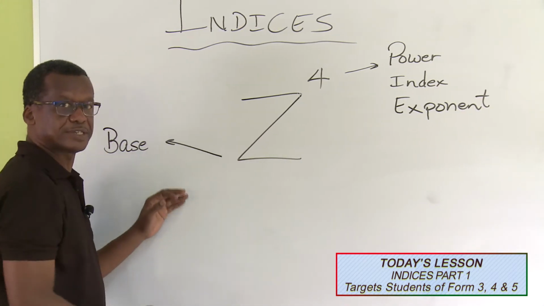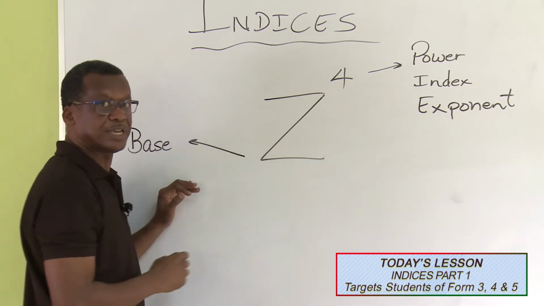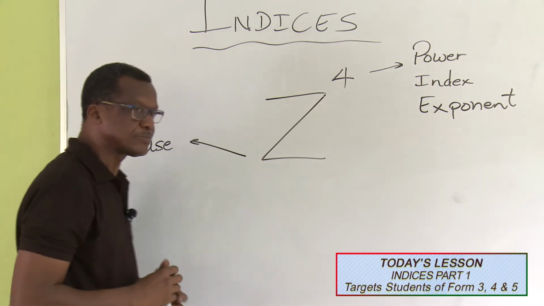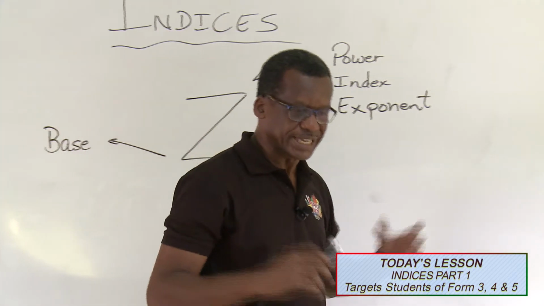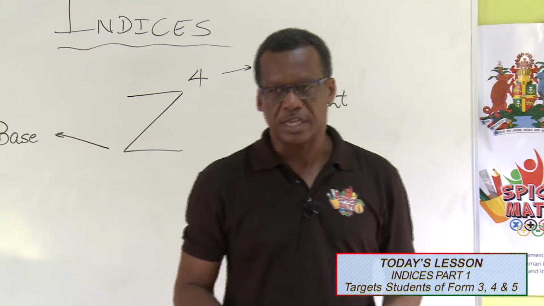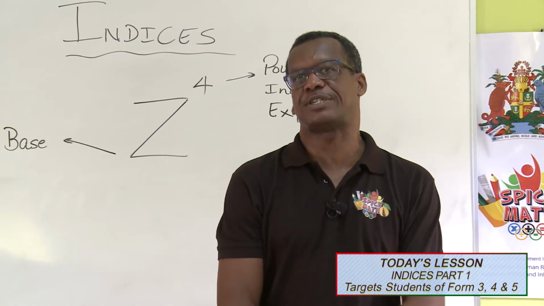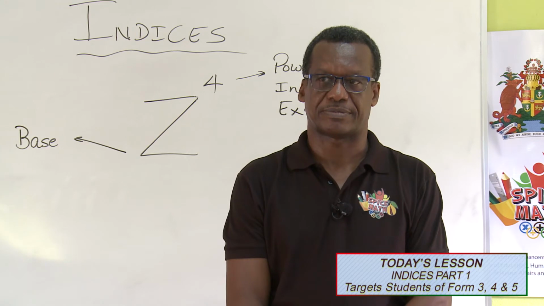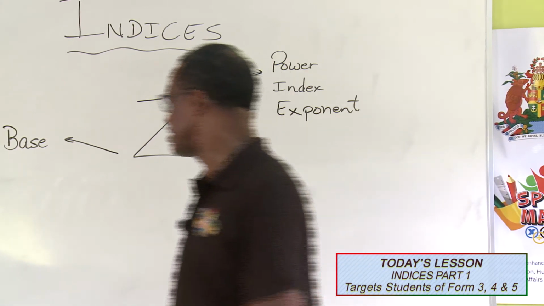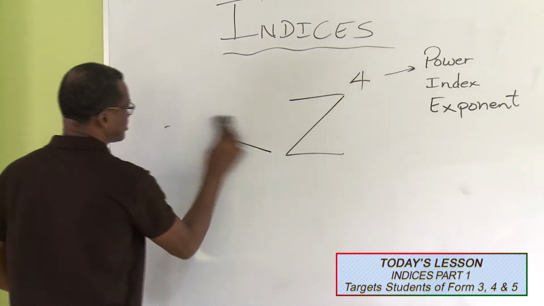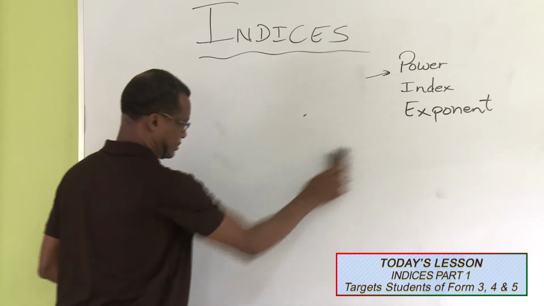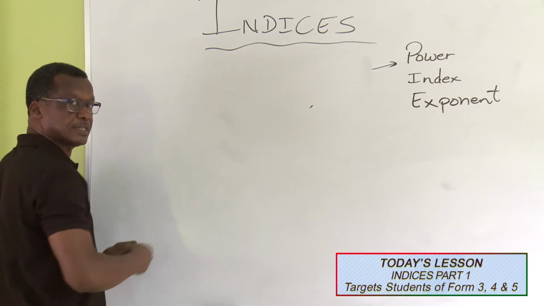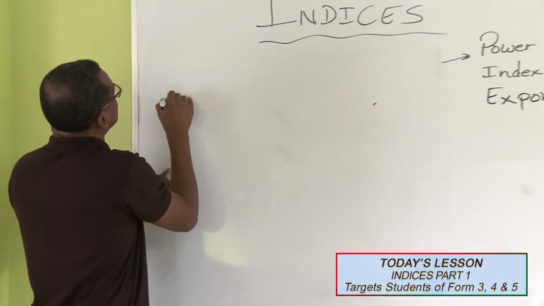The z is the base, it's written in a bigger font. Okay? Now let's experiment with what happens if you multiply quantities in the same base. So as we started with z, let's suppose we had this.